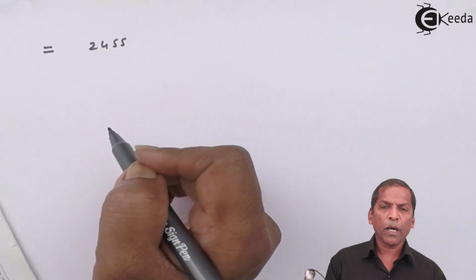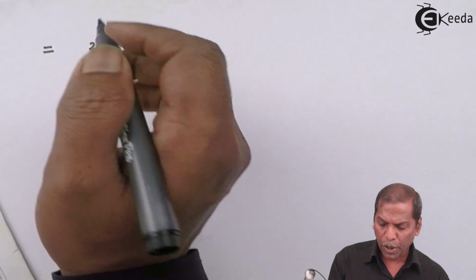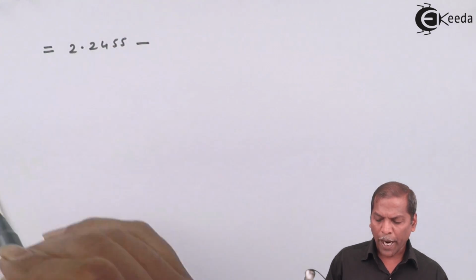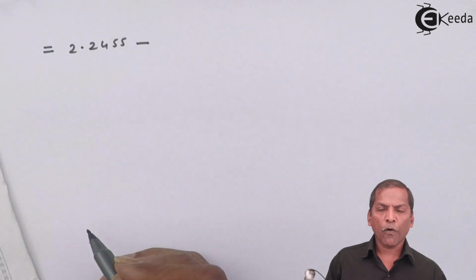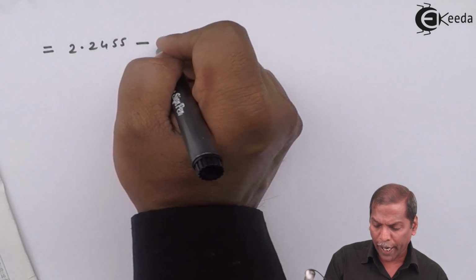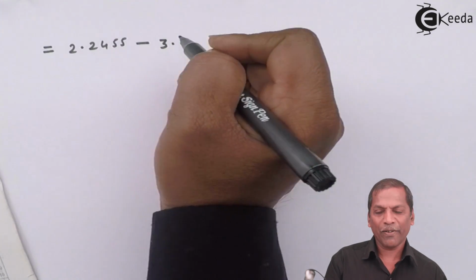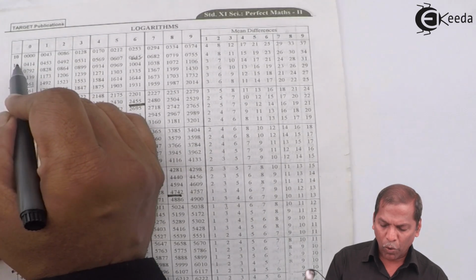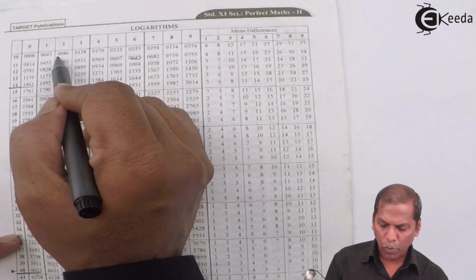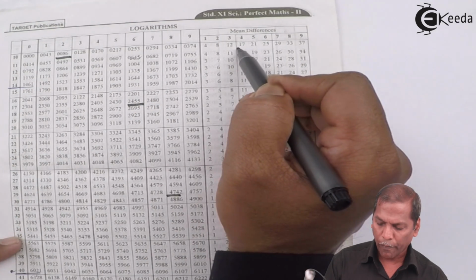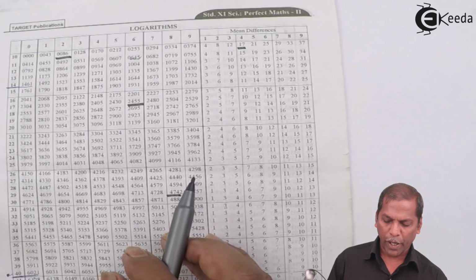Since here there are 3 digits, the characteristic is 2. Then minus, we have to find log of 1024. There are totally 4 digits, so the characteristic is 3. So 10 under 2 gives 0086, and the mean difference 4, so that plus 17.